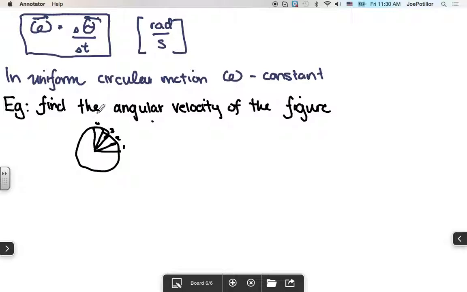Okay, 1, 2, 3, 4, 5. So the figure is traveling for 5 seconds, at different points along this figure. It says 1 second, 2 seconds, 3 seconds, 4 seconds, 5 seconds. Okay? So this is our pretty figure. Now, how do we find the solution to that?